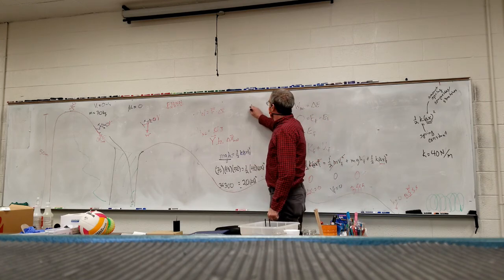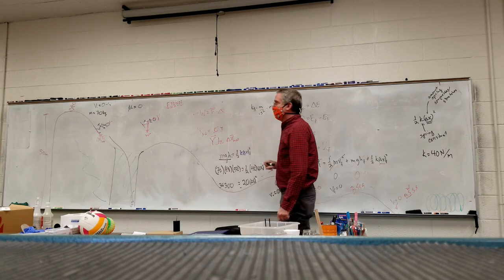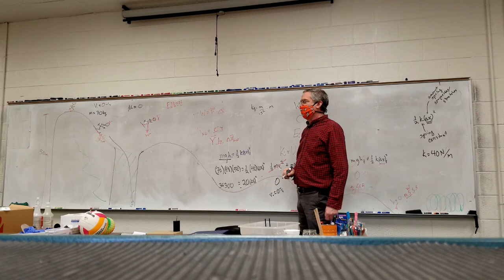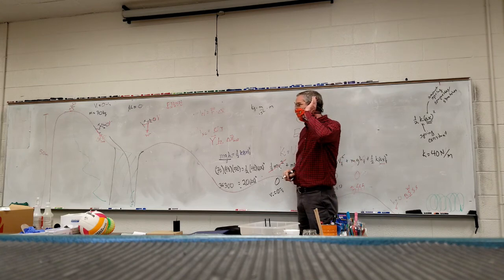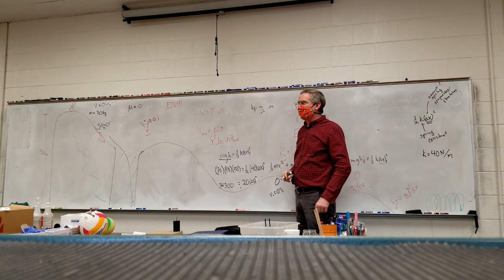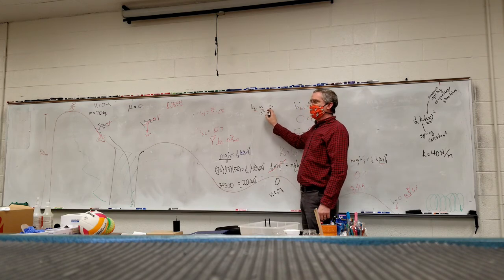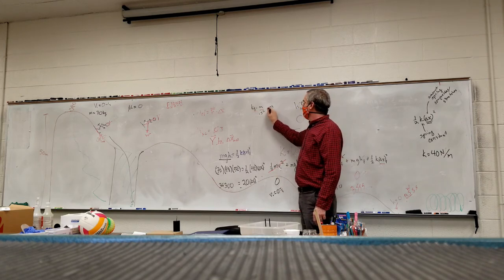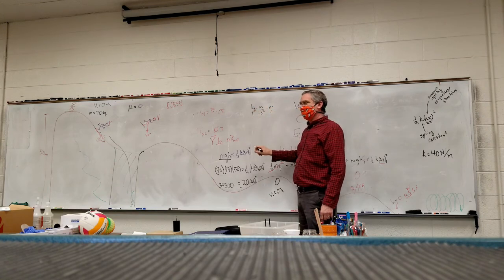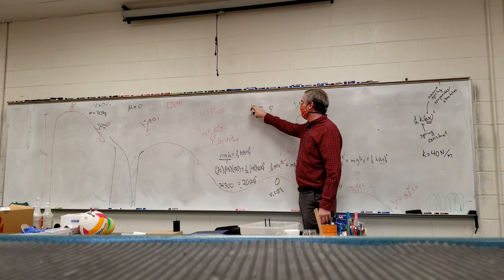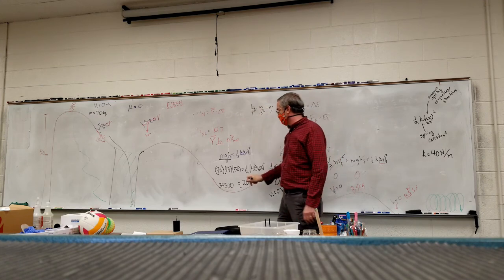No. So we have a kilogram times a meter per second squared times a meter. Is that joules? Yes, it is. It's also a kilogram meter squared per second squared. You can stick anything over 1 to make it a fraction. You multiply the tops and you multiply the bottoms, so you get kilograms meter squared over second squared, which is just a joule.